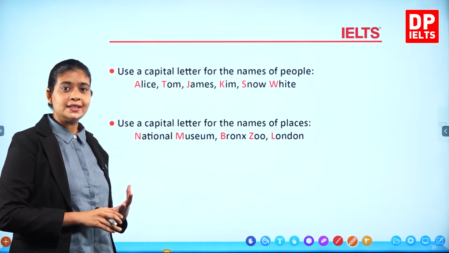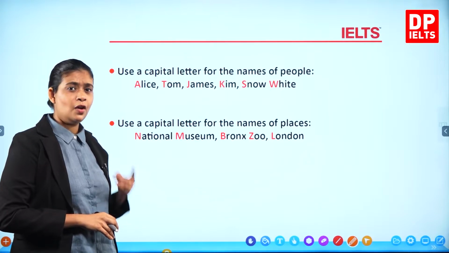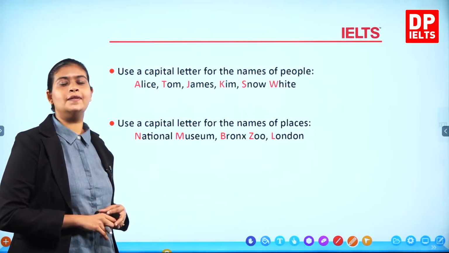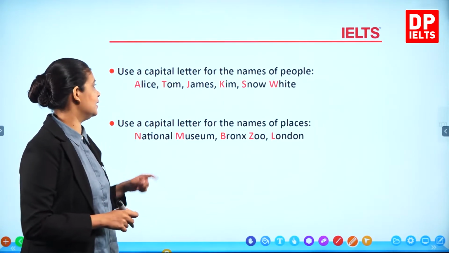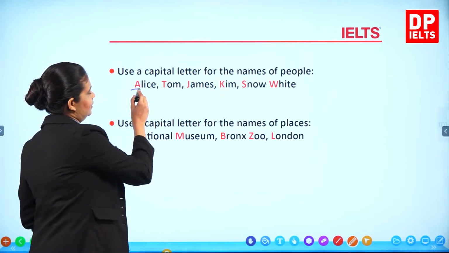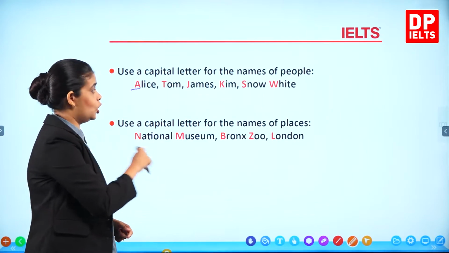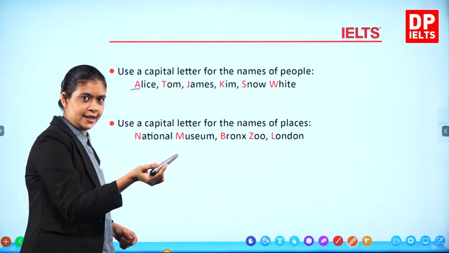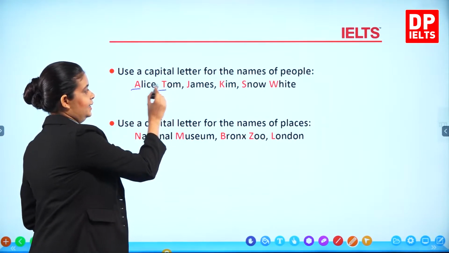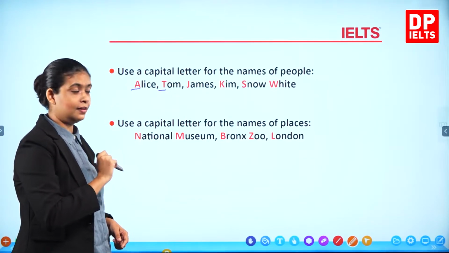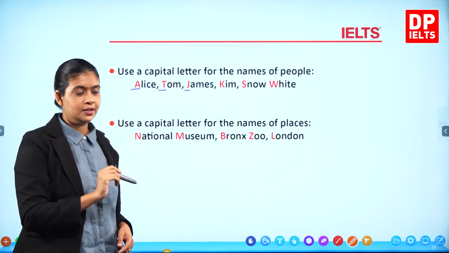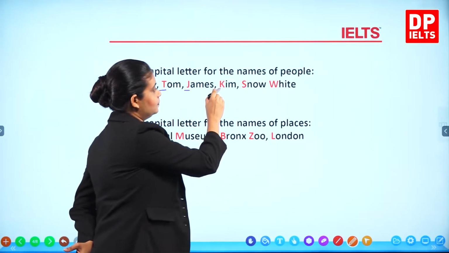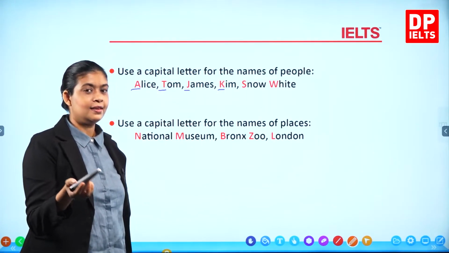When you write the names of people, the first letter in that name will always be a capital letter. Alice. A is capital. Tom is a name. T is capital. James, J is capital. Kim, K is capital.